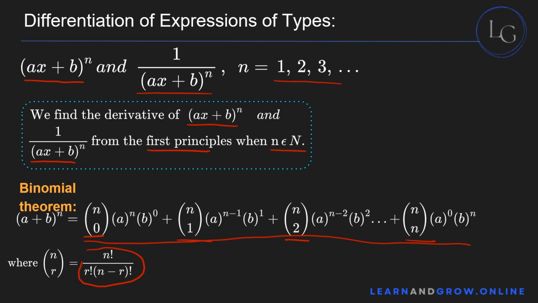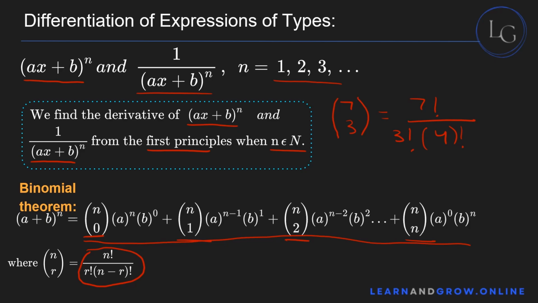So for example, if you had a long bracket which said 7 and 3, this would translate into n factorial, and n in this case is 7, so 7 factorial over r factorial, where r is 3 here, so 3 factorial, into (n minus r) factorial, so (7 minus 3) factorial, which is basically 4 factorial. So this is what these long brackets mean.